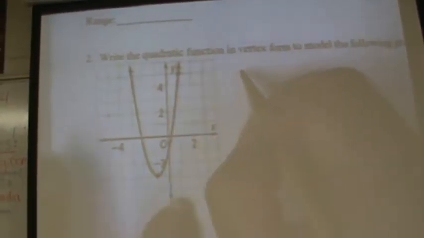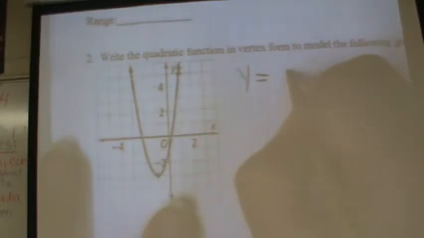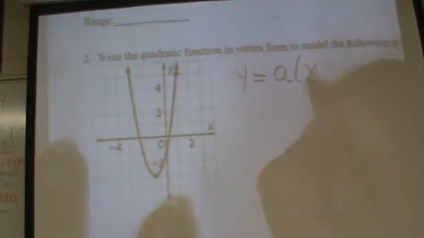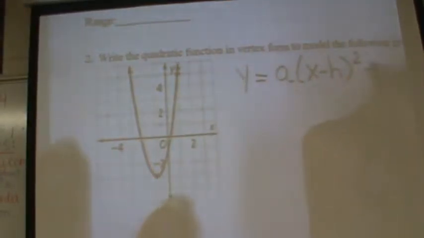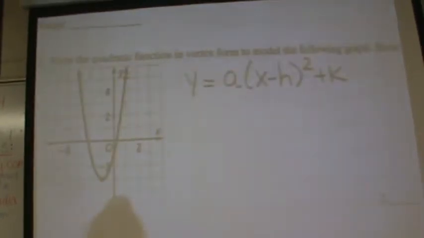Next, how do you take a graph and write in vertex form the equation, the rule of this? Well, we start with our recipe. Here's our recipe. What do we need? We need this vertex.